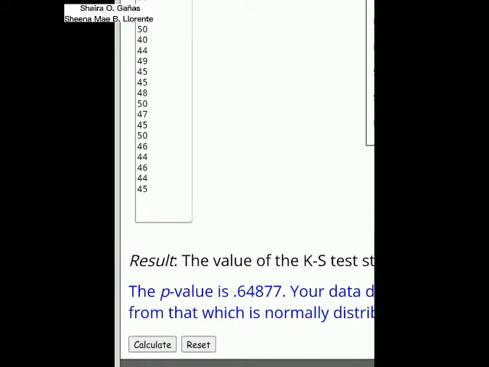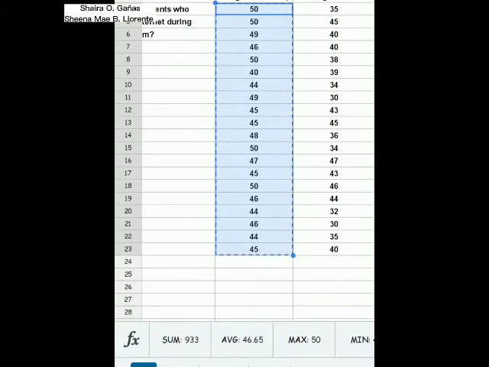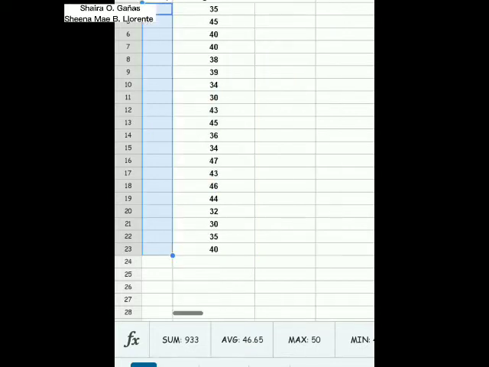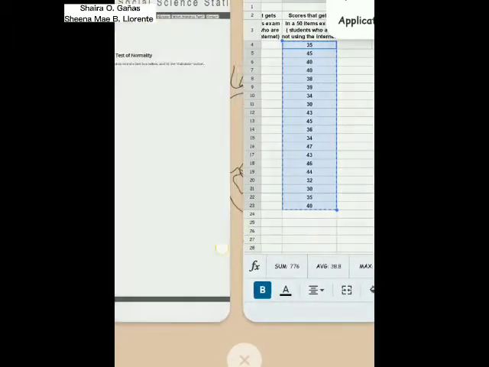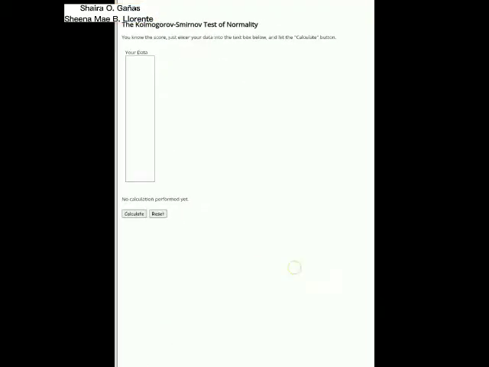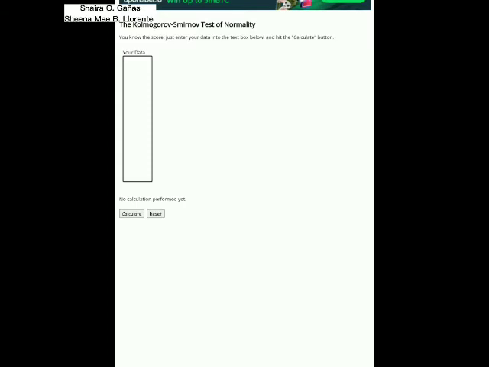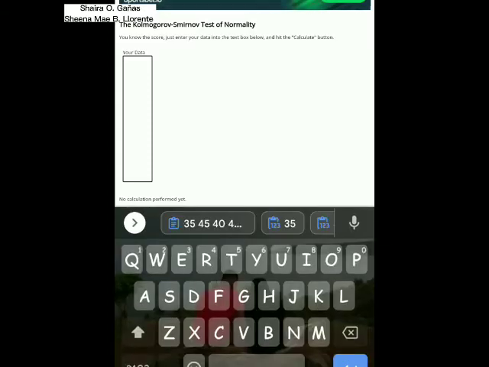The next, the second data samples, which is the students who not use the internet during exam. Copy. Paste on the online calculator. Then calculate.